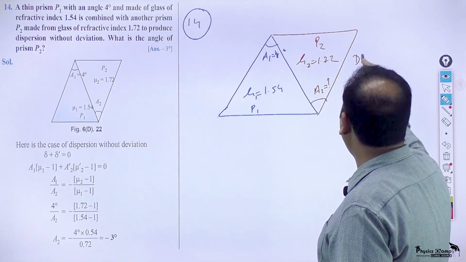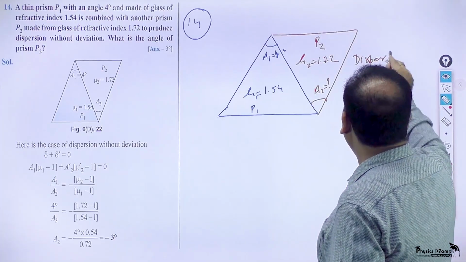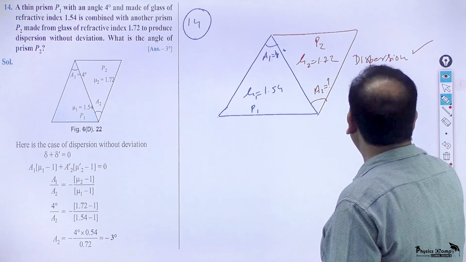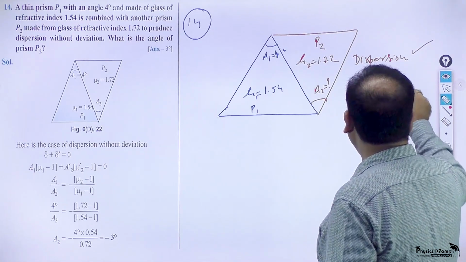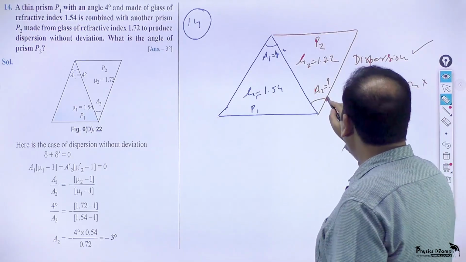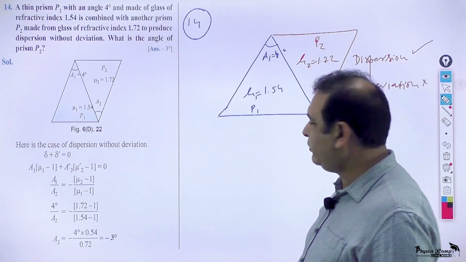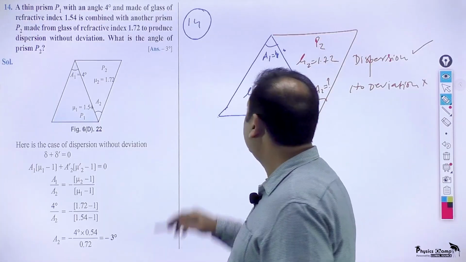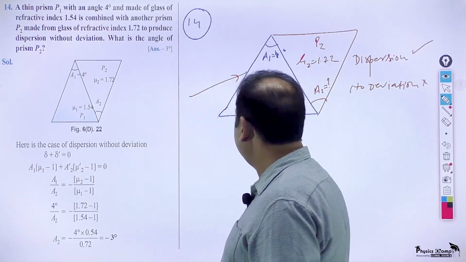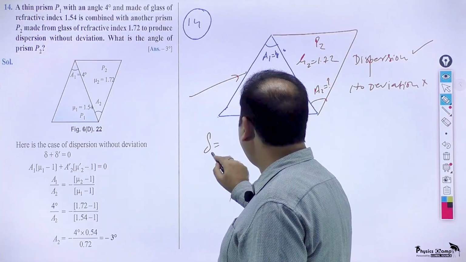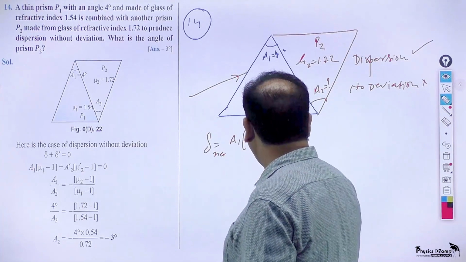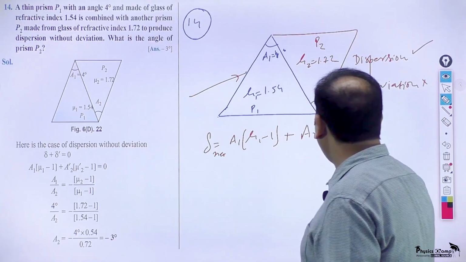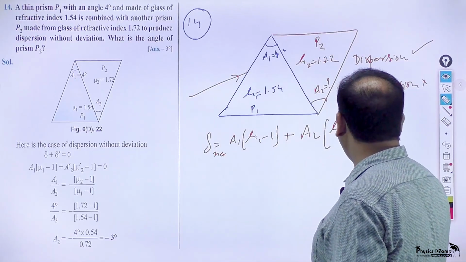How much should be the angle so that there is no deviation? We want dispersion but no deviation. And for that, how much should be the value of A2? If we are talking of deviation, the net deviation will be A1 into (mu 1 minus 1) plus deviation in the second, A2 into (mu 2 minus 1).